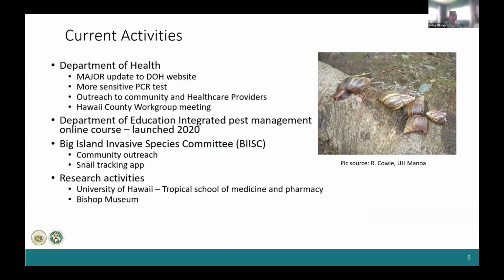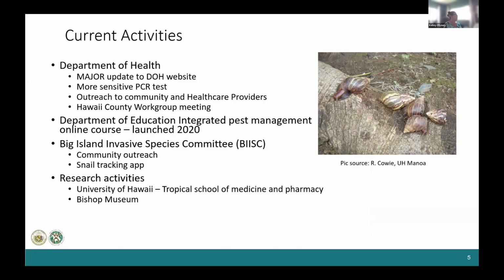We did a major update to our website last year, so I would really encourage folks to go there. There are a couple of things I want to add, but I think it's pretty thorough compared to what it was. And then we have that more sensitive PCR test.